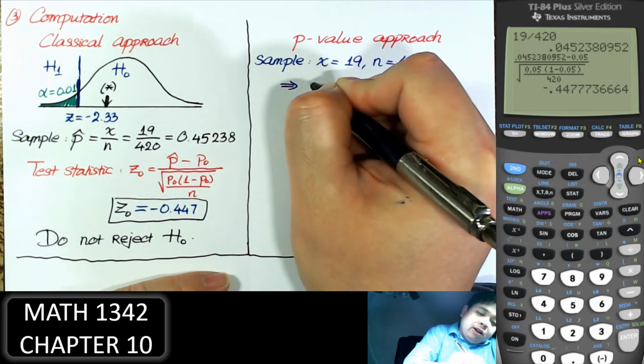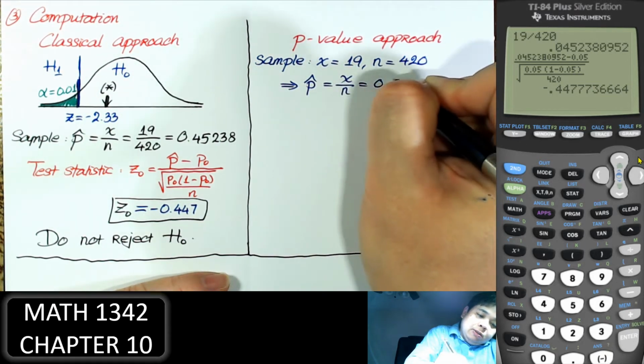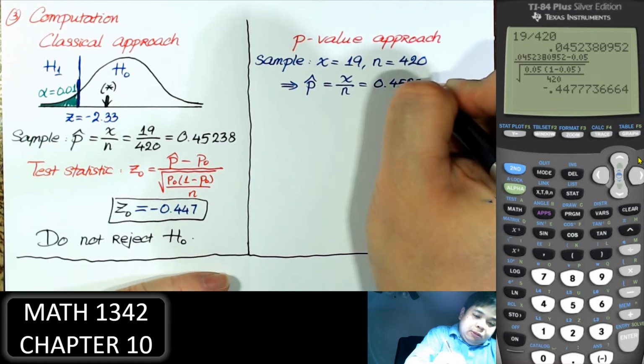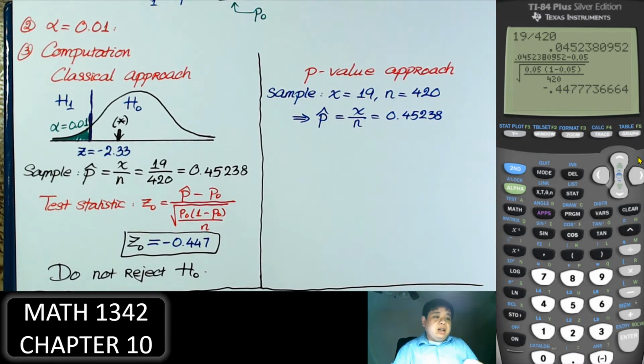From this we have the p hat, exactly like what we did earlier for the classical approach, but here we calculate the percentage corresponding to this value.